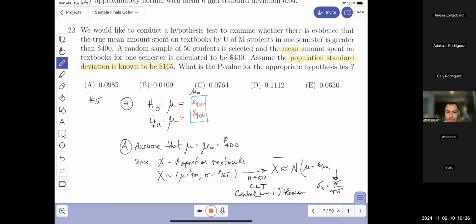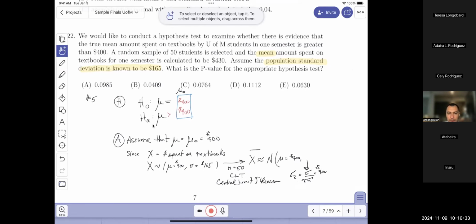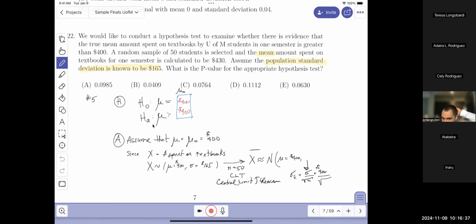So what will that be? That will be 400 divided by square root of 50. No, sorry, I put 400. 165.